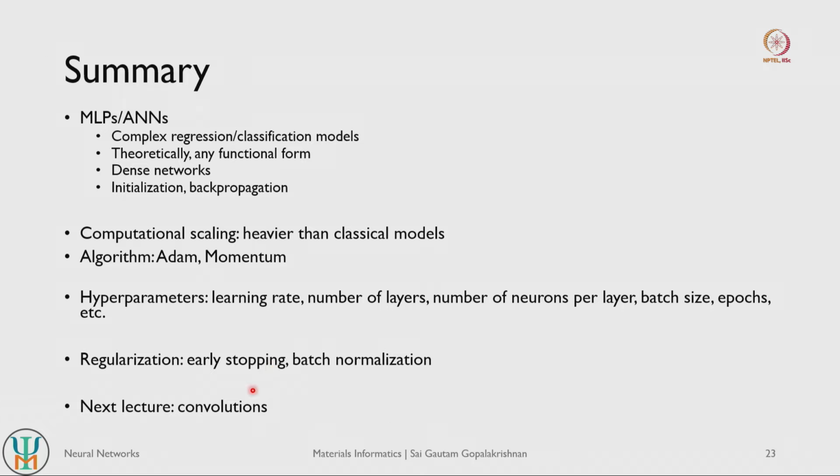In the next lecture we will look at convolutions as a topic and how convolutions help in making neural networks much more efficient, especially when it comes to vision tasks. Convolutions as an idea is fairly important to understand, to see how neural networks can be efficiently used to model practical materials as well.